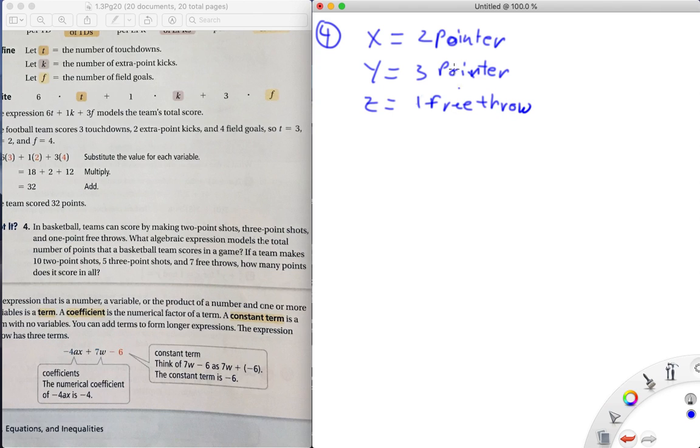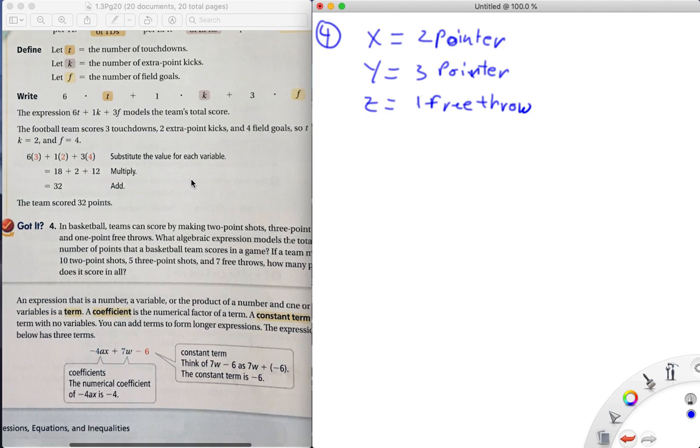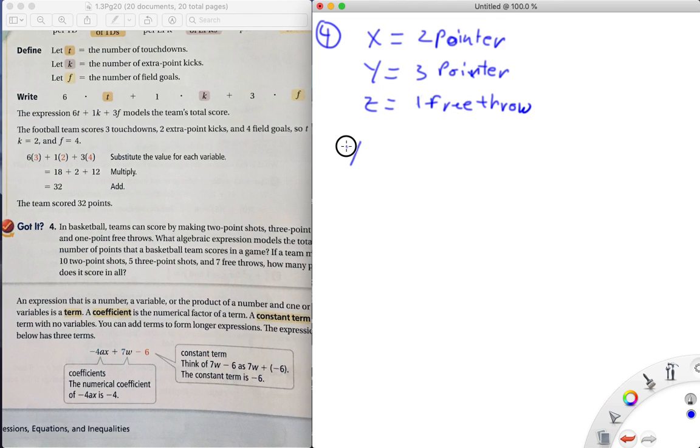Alright, so X is a 2-pointer, Y is a 3-pointer, and Z is one free throw, worth 1 point. They are telling me... well, first setting it up, I know that in terms of points, X is worth 2 points.